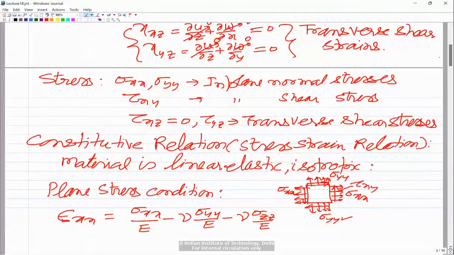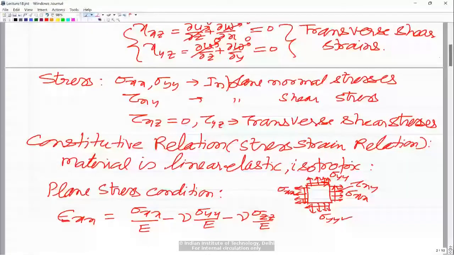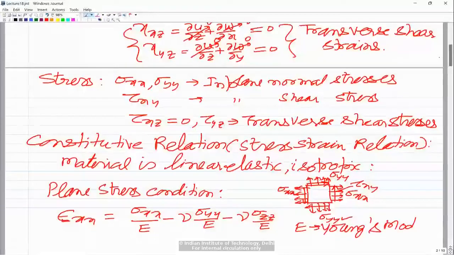So ultimately the normal strain along the x direction is sigma xx upon E, minus nu into sigma yy upon E, minus nu into sigma zz upon E. Here E and nu are Young's modulus and Poisson's ratio.